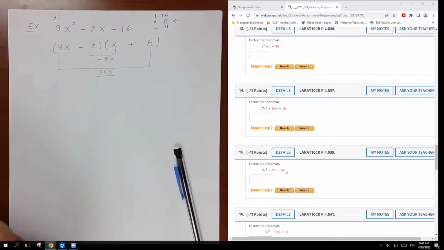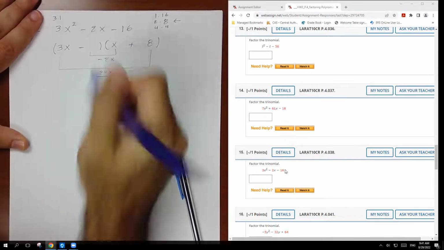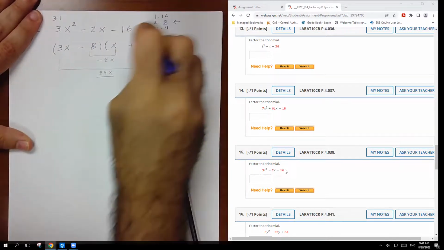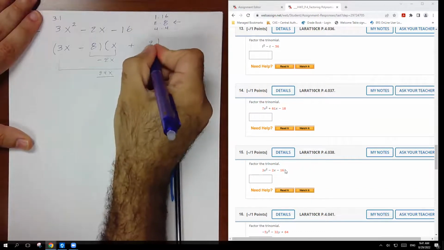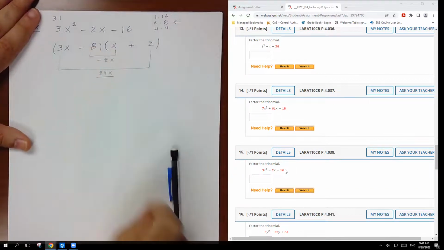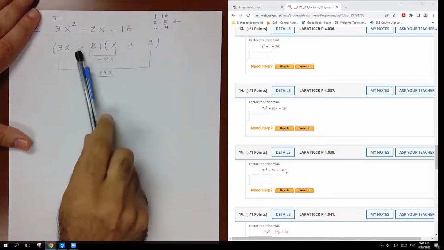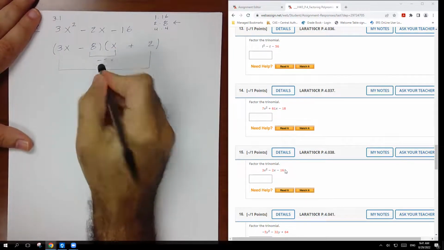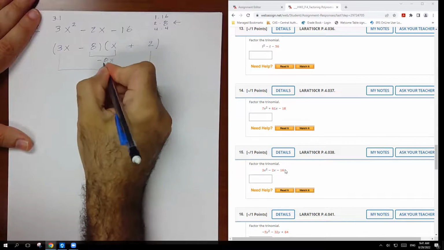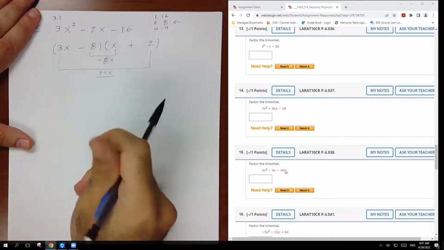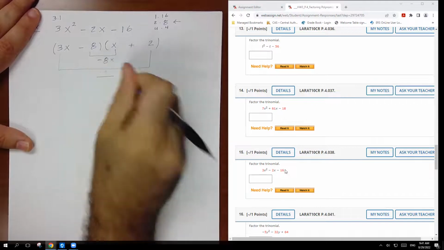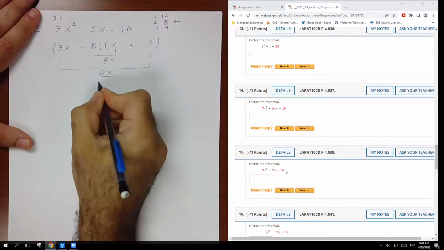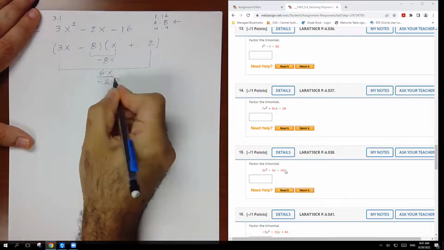Let's change this one to 8 and this one to 2. 8 and 2. Let's multiply. Negative 8 times x is going to be negative 8x. And 3x times 2 is going to be 6x. Add these together, it's going to be negative 2x, which is the middle term.